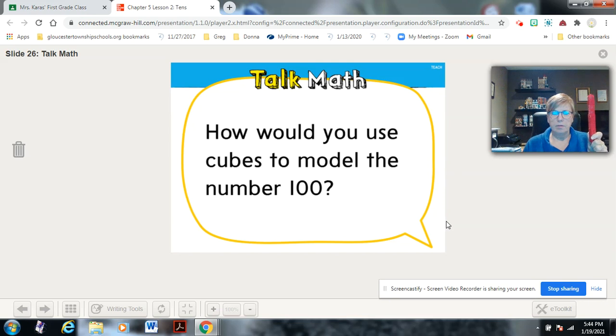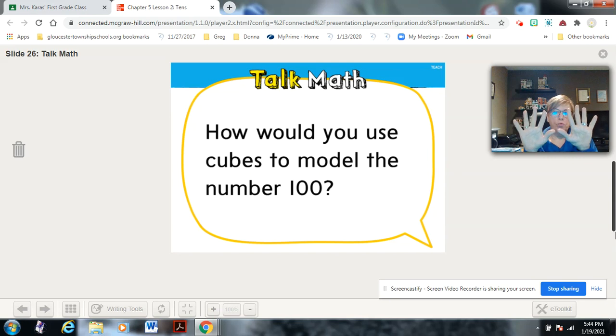What do you think? Well, I know I don't have enough to figure it out, but if I use my imagination and said my one finger equals a group of these, I could figure out how many would I need, right? 10, 20, 30, 40, 50, 60, 70, 80, 90, 100.